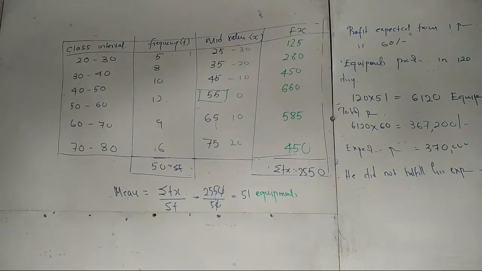It should be plus, no? 55 minus 25 should be plus 30. Do the right side. We are doing using deviation, no?